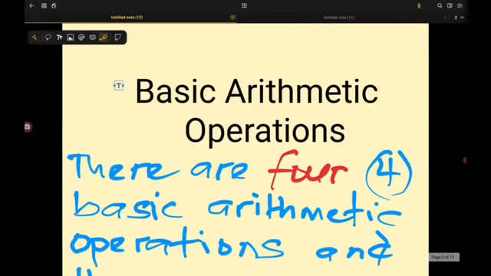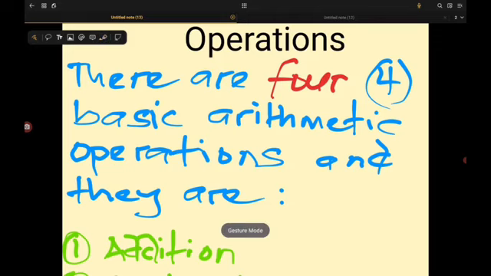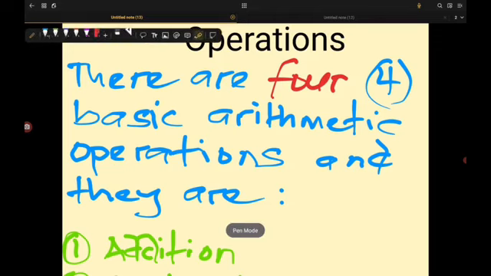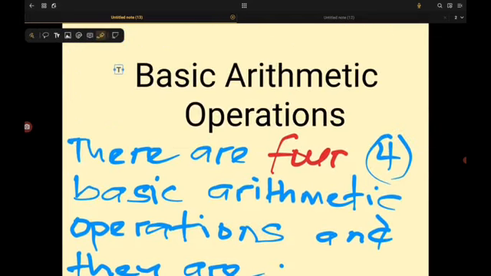In mathematics, I don't want this video to be too lengthy because I promised I won't make it lengthy. There are 4 basic arithmetic operations in mathematics. And what are they? We all know them, probably we just may not know the term for them. When I say term, operations, that's what I mean.